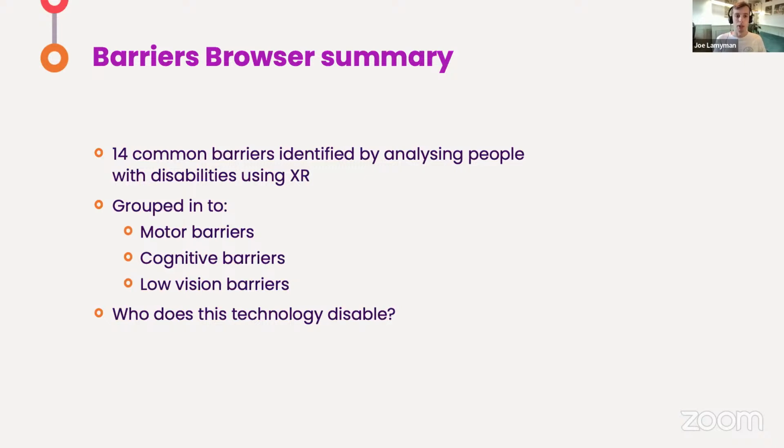These barriers are grouped into motor barriers, cognitive barriers, and low vision barriers. They've come at the question a little bit differently. Instead of trying to understand how they can better design for people, they've taken existing XR experiences and hardware and tried to ask, who does this technology disable due to the way that it's being created and the way that it requires people to interact?